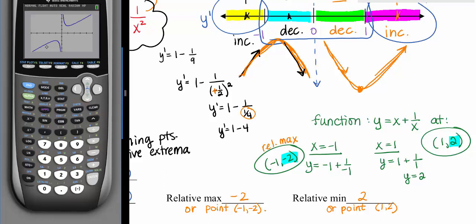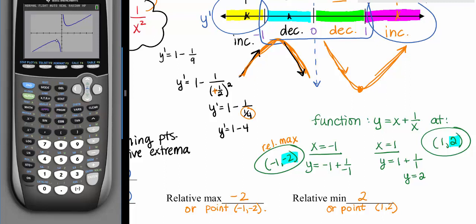So if I look at this graph, I am increasing until an x value of -1, and I can see my relative max turning point is going to be below my relative minimum turning point just by looking at this. And this will happen more than once when you have a disjointed graph or a discontinuous function. So I'm increasing to my relative max, so -infinity to -1, which is what we said.